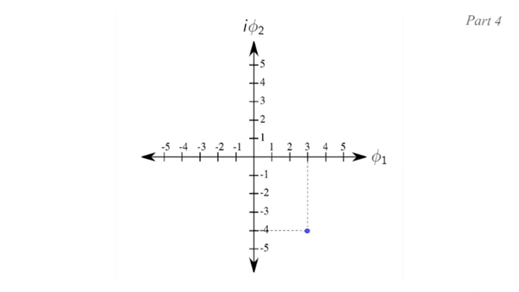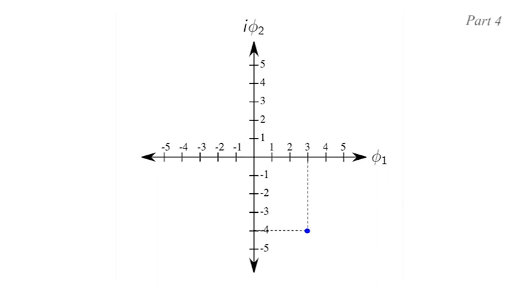As an example, the diagram here now shows a blue dot at the value of the field phi equals 3 minus 4i. It has a real value of 3, an imaginary value of minus 4. Of course, this picture of a plane doesn't mean a plane in physical space. We're still talking about a single point in space. But we have to imagine a kind of invisible space, for want of a better word, within that point where the two values of the field reside.